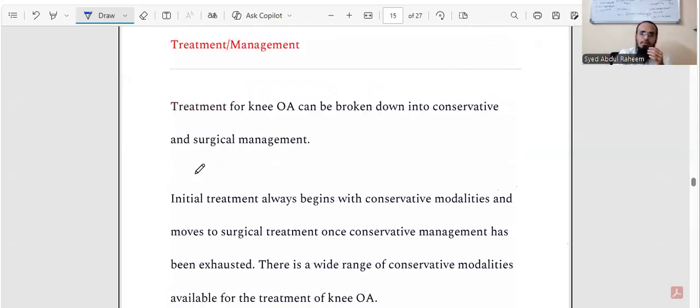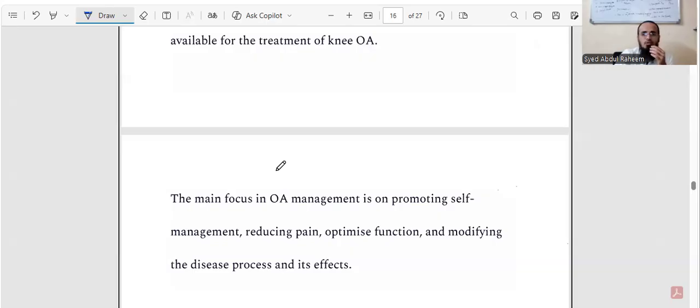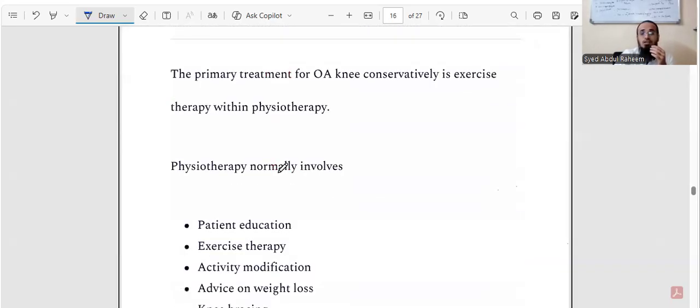Okay, now come to the treatment part. What type of treatment do you have to give? Mostly in modern medicine, they will start with physiotherapy and painkillers, non-steroidal anti-inflammatory drugs, and supplements. Physiotherapy helps with movements, because you are strengthening your muscles.